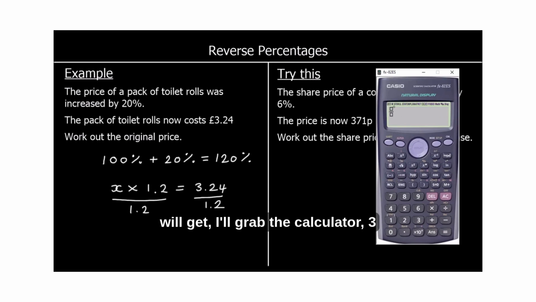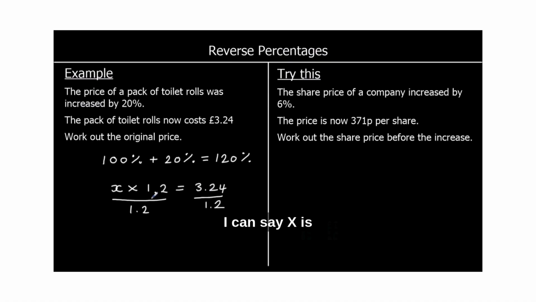I'll grab the calculator: 3.24 over 1.2, which is 27 over 10. I press the S to D button and get 2.7. So I can say x is equal to 2.7, or because it's money, £2.70.